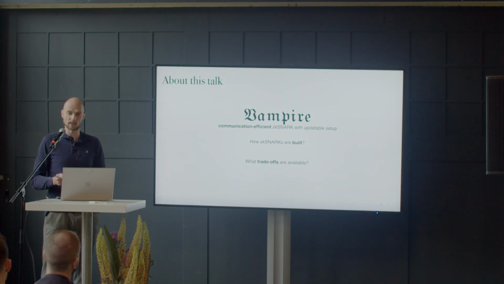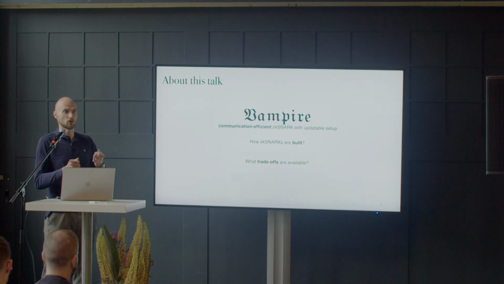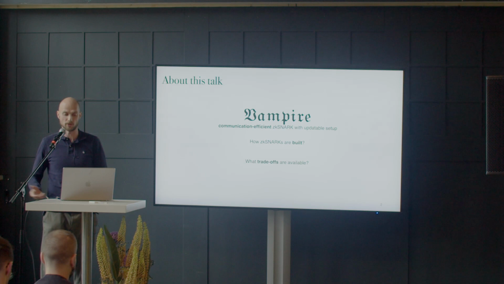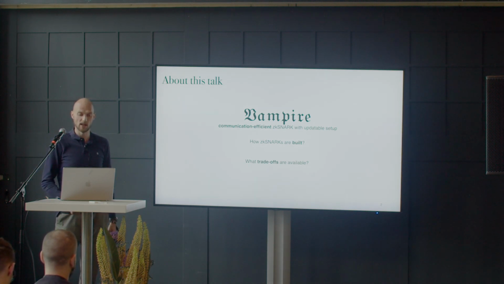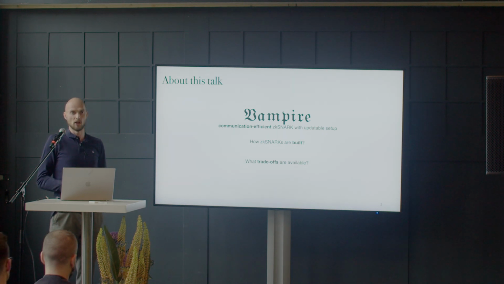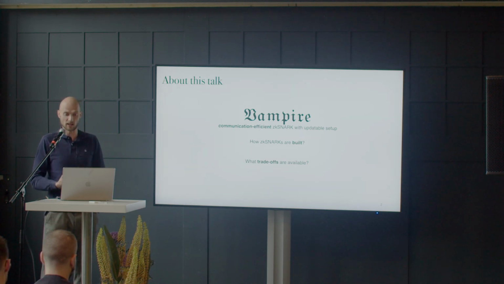What are the building blocks, and how does choosing particular building blocks affect various things? So what are the trade-offs? What trade-offs are available for us to have the SNARK with the properties we desire?